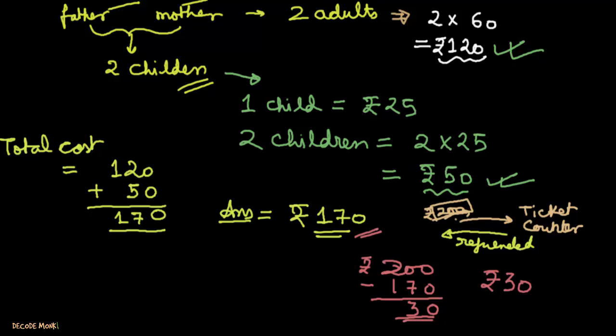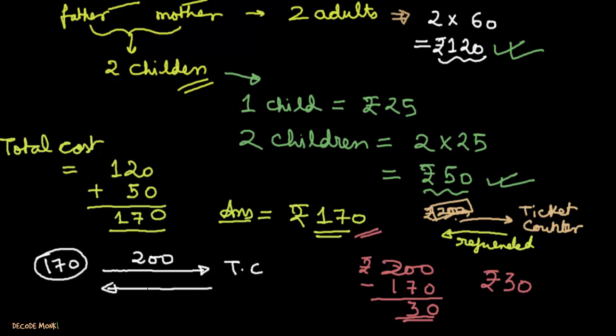Again let me draw what I am telling. So at the ticket counter, see, TC means ticket counter, you gave rupees 200. You are liable to pay rupees 170 only. And if from the ticket counter you are given back rupees 30, in effect, 200 you have given at the ticket counter minus 30, so 30 is back to you.